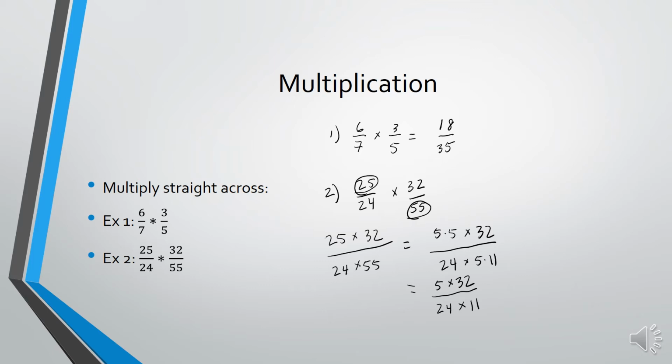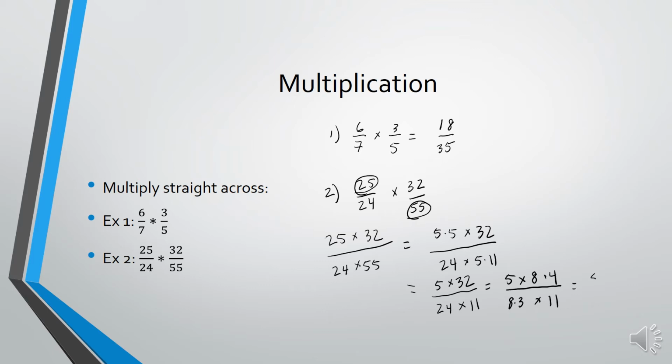Okay, now with this 32 and this 24, 8 goes into both of those numbers. So I could rewrite this to be 5 times 8 times 4. So 32 is 8 times 4. And then 24 is 8 times 3. And now I've taken out an 8 from both of those.